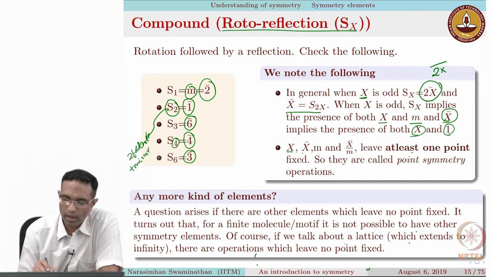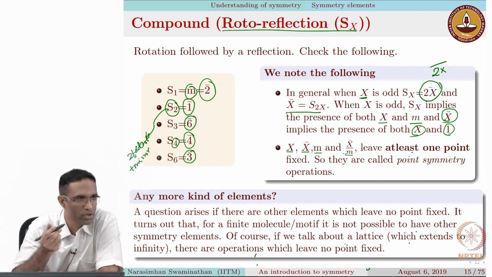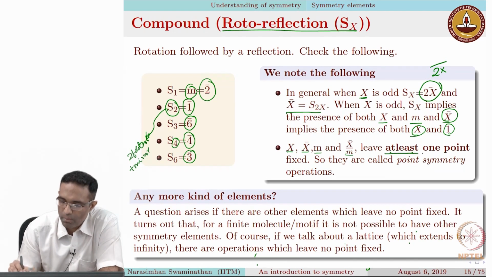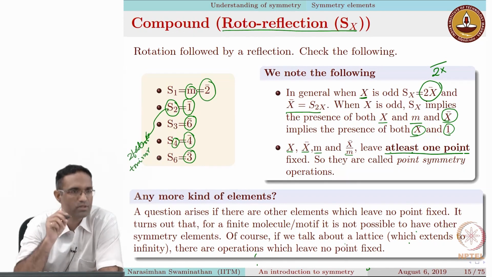Yeah. Once again, I would like to emphasize that all the operations that we have studied until now, the rotation, the inversion, mirror, all these other operations which we looked at, where you have a combination of them like rotation and reflection or rotation and inversion, they leave at least one point fixed, right? We discussed this in the last class also.